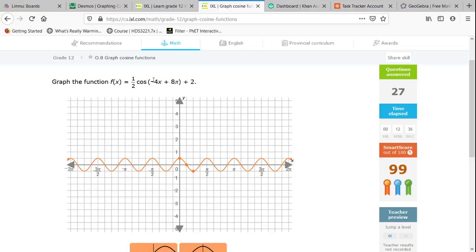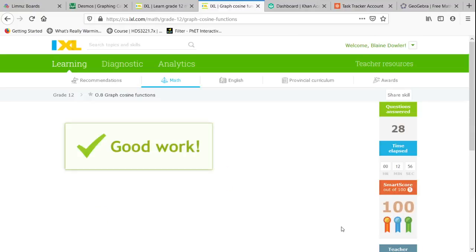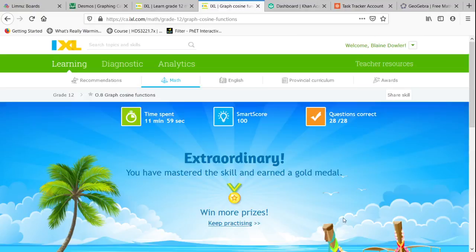If we factor out a -4, we'd have an x minus 2 pi. So that is a phase shift of 2 pi units right, which lands us at exactly the same point on the curve. It's a peak at both locations. And then finally, we add 2. And there we go.